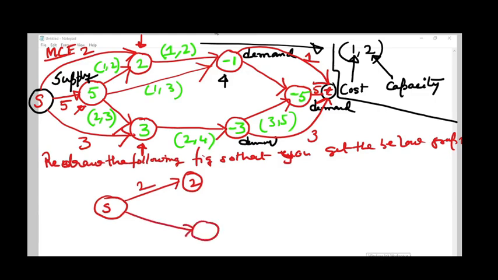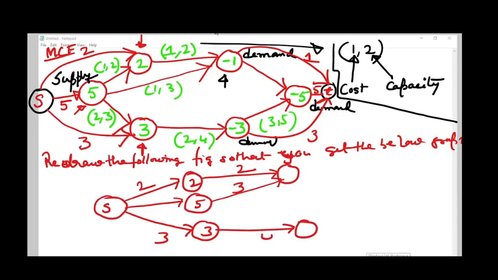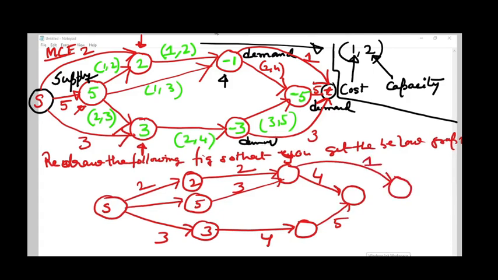S, T, 5, 2, 3, 4. Here earlier, I forgot 2 comma 4. This is 4, 5, 1.